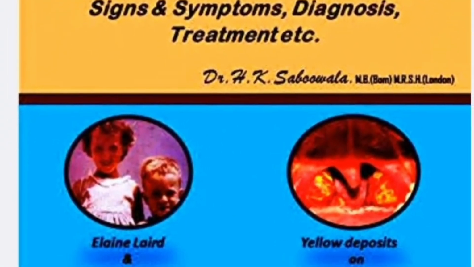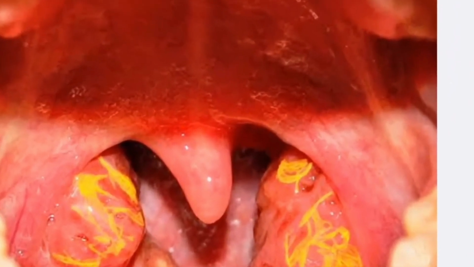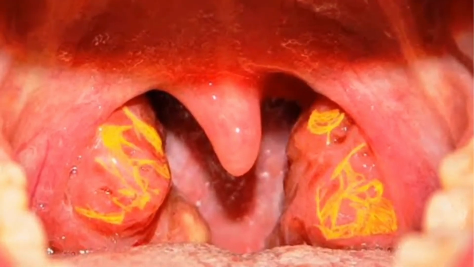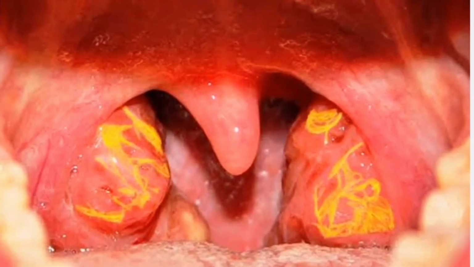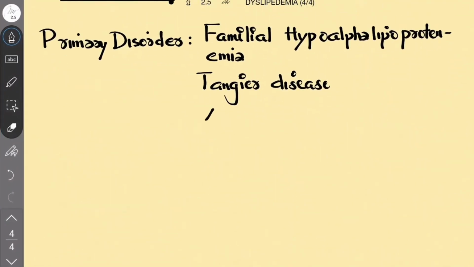See the yellow deposition: there is cholesterol deposition on the tonsils, diffuse hazy corneal opacity, and histological findings in tissues. See this cholesterol deposition in the tonsils. This is a salient feature in Tangier disease, where HDL is absent and there is lipid abnormality with deposition of cholesterol. The carrying of cholesterol is affected in this condition. So that is Tangier disease. The next primary disorder of low HDL is ABCA1 deficiency.